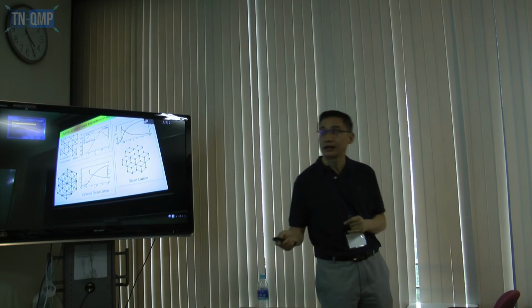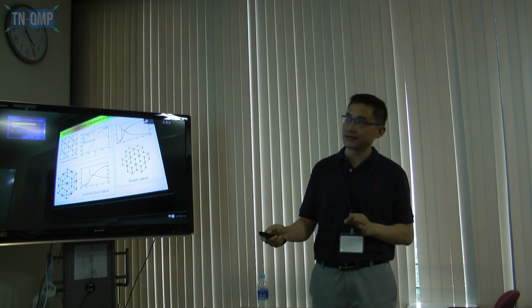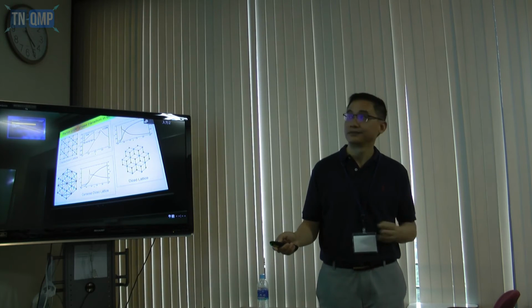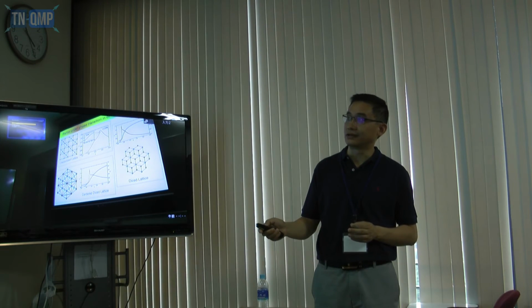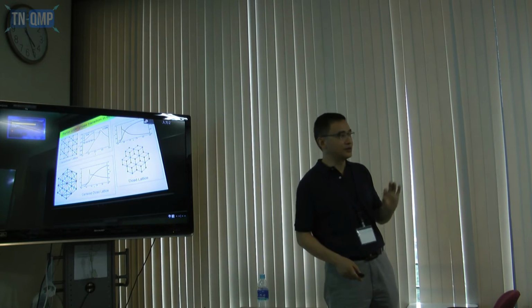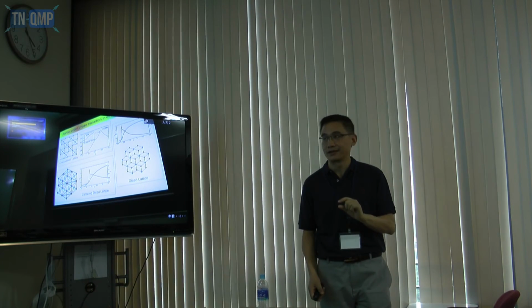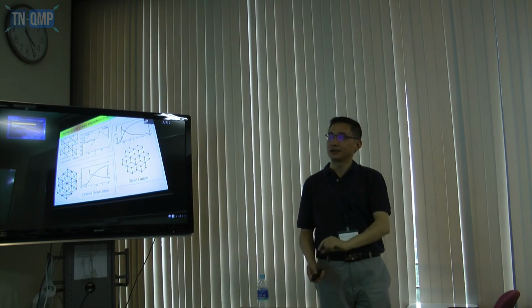For example, this is the checkerboard lattice. It also has different kinds of sublattices, and they are not equivalent. Then you will also see a small jump here, very tiny. So indeed, we need very accurate methods, like CTMRG or others.